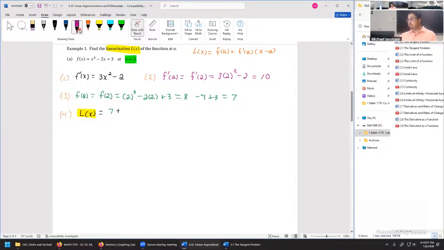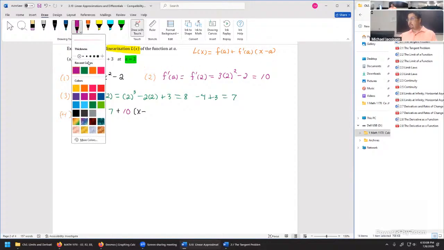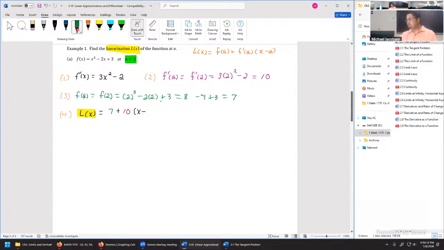So plug in 10. And then multiply that by x minus the value a, and a is 2. So that's the linearization of the original cubic function up here. And the whole problem ends right at that step.